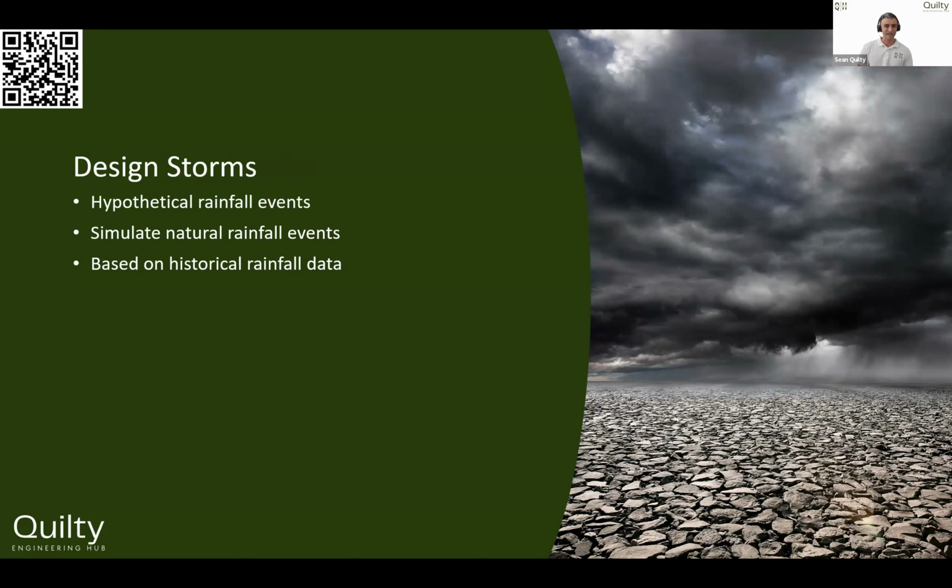Every time it rains, we monitor how much water falls from the sky and how that happens over a period of time. The rainfall intensity is going to fluctuate, and there are literally thousands and thousands of recordings that we've been taking over decades now. That's what we use as the basis of these design storms.